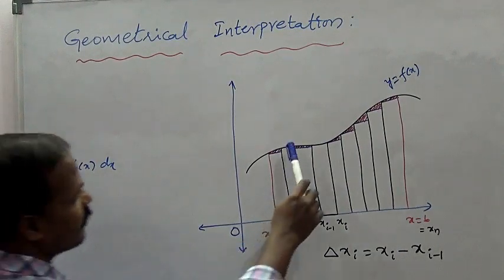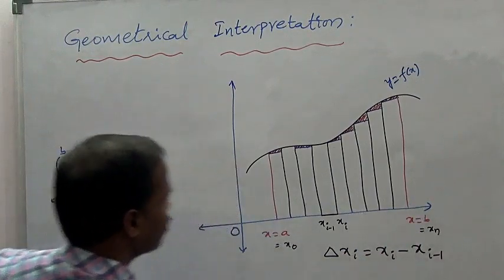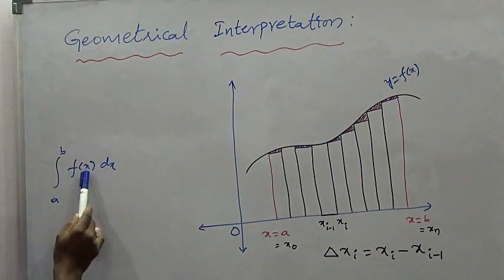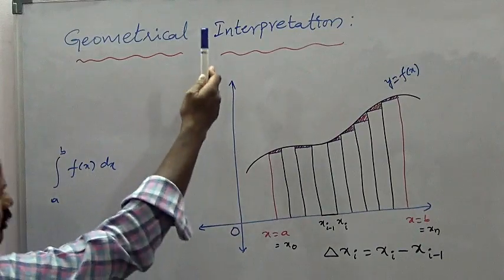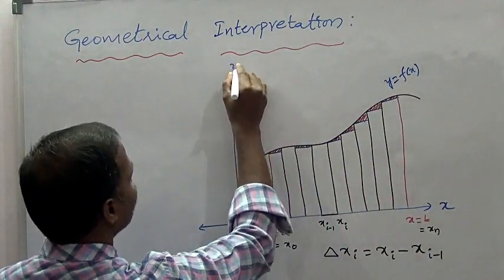Suppose this is y equal to f of x. Okay, na? X axis, because here the variable is x. Suppose if the variable is y, you have to consider the y axis.